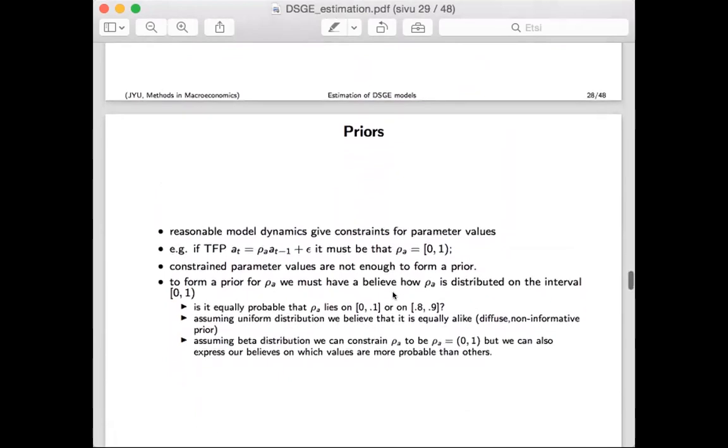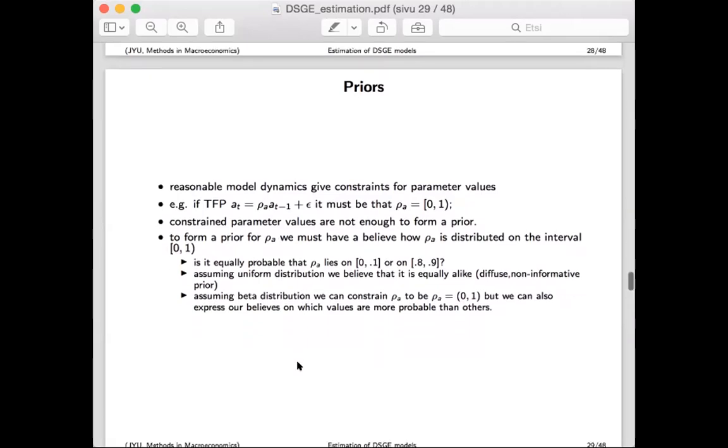What determines the priors is that for some parameters there are reasonable bounds. For example, the AR(1) coefficient for TFP has to be greater than 0, smaller than 1. But just constraining this parameter space is not enough to form a prior. There has to be a shape for the distribution too, unless we assume a flat prior.